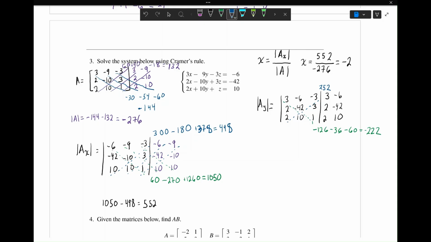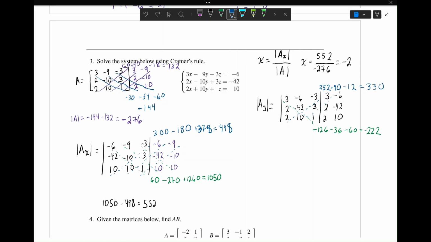We have 10 times 3 times 3 in the next diagonal, which gives us a 90. And then 1 times 2 times negative 6, which is negative 12. Adding those all together gives me 330.